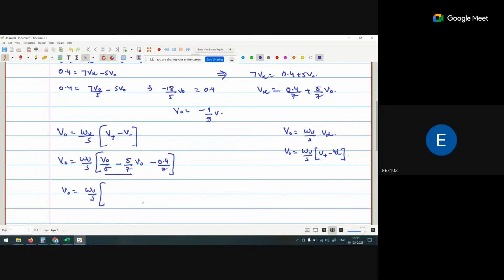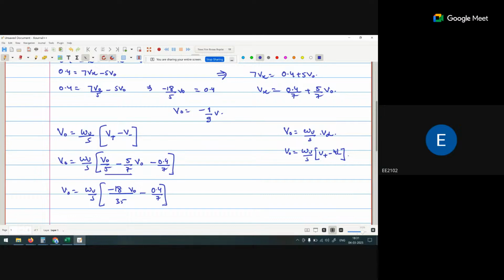if I take this one, it is 35, 7 minus 25 V naught, so it is minus 18 by 35, and minus 0.4 by 7.